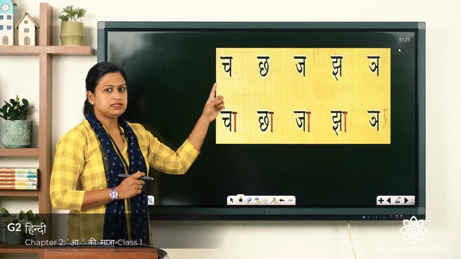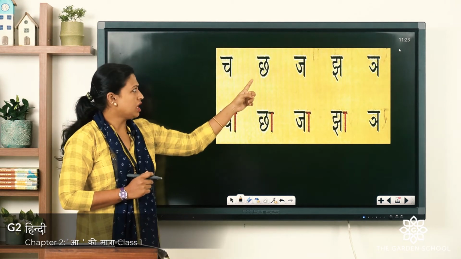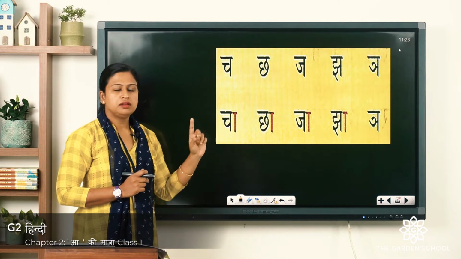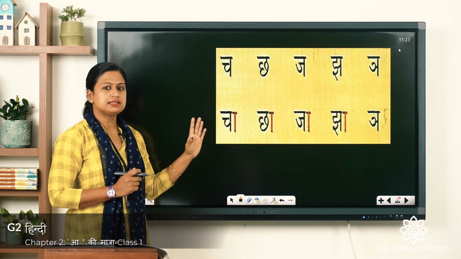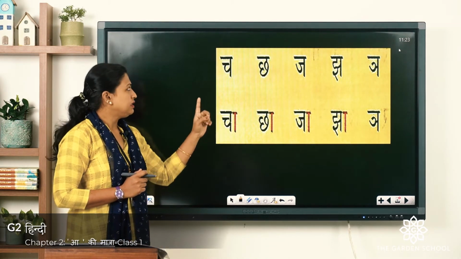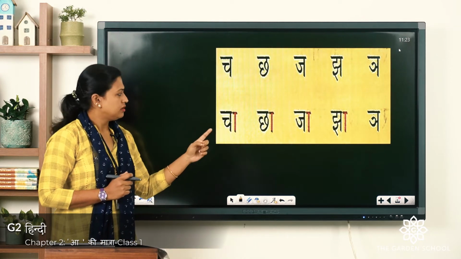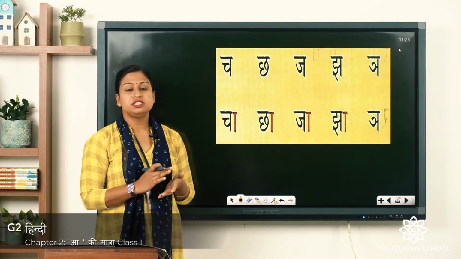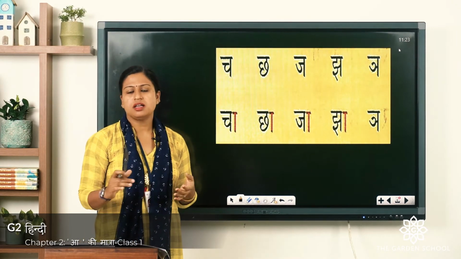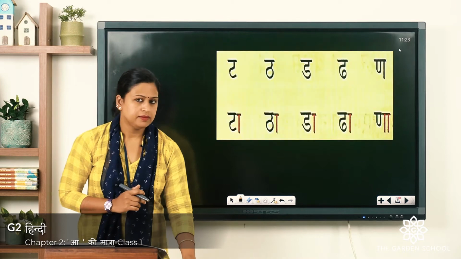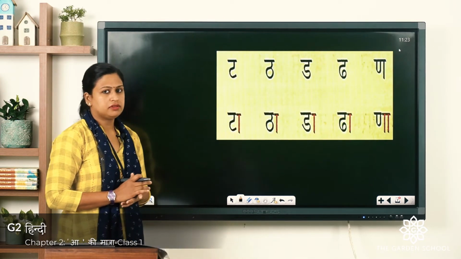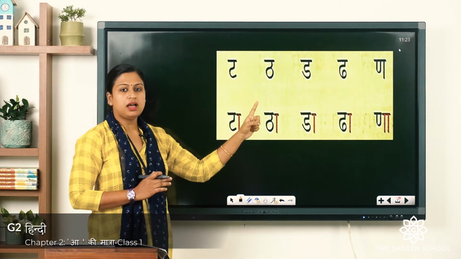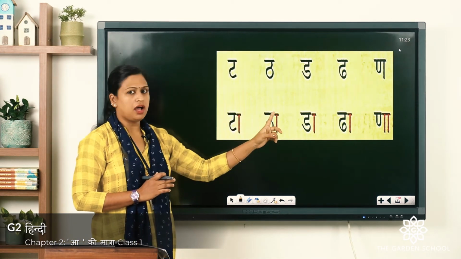Next one is cha, chha, ja, jha, nya. Now we are going to use this Aa symbol with these consonants. It sounds chaa, chhaa, jaa, jhaa, nyaa. Next set of consonants. Ta, tha, da, dha, na.